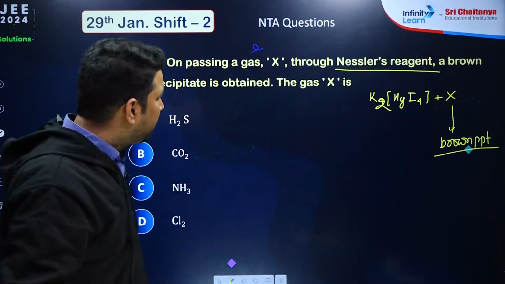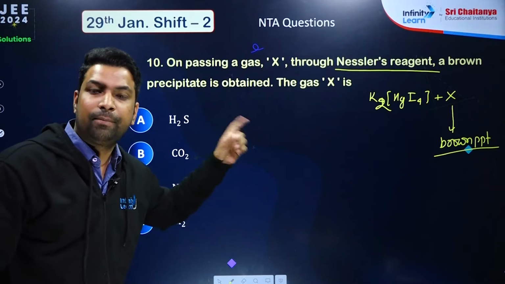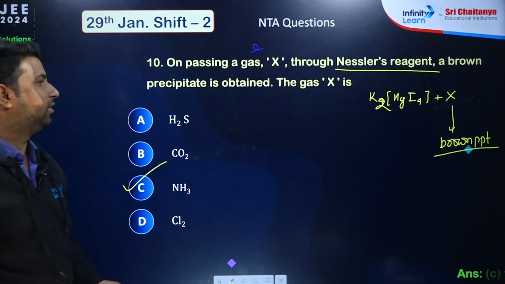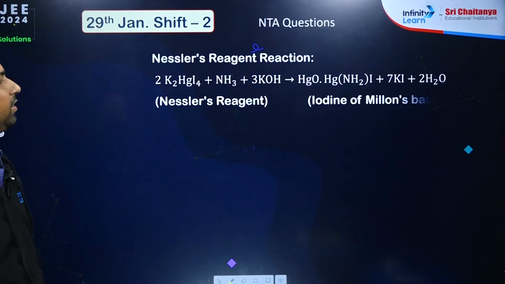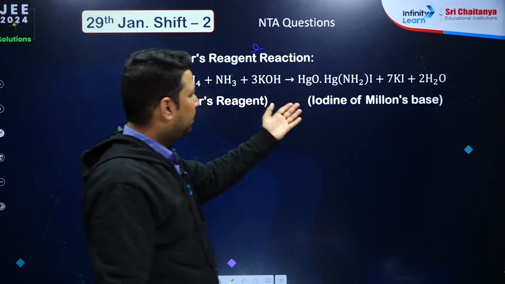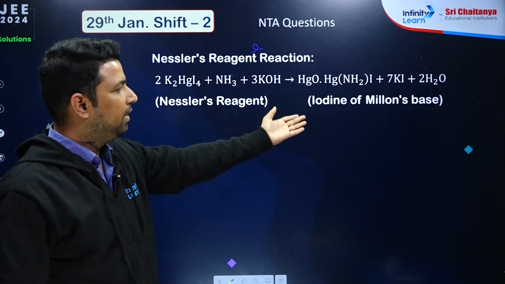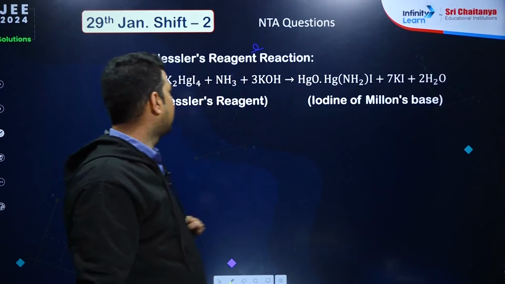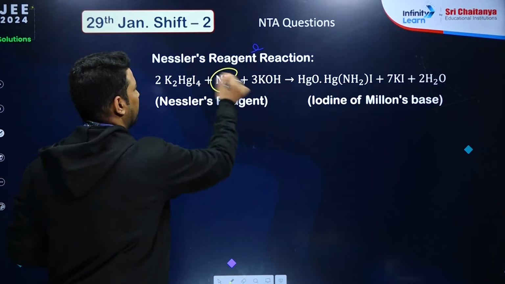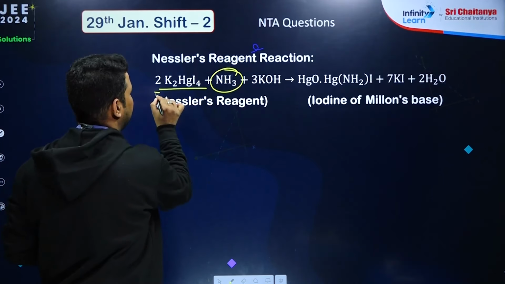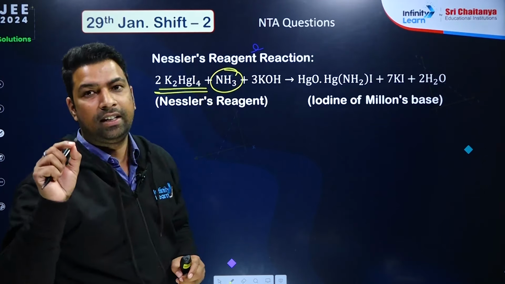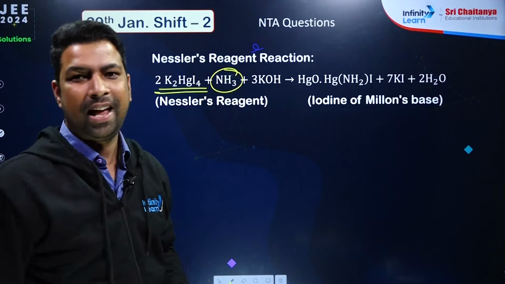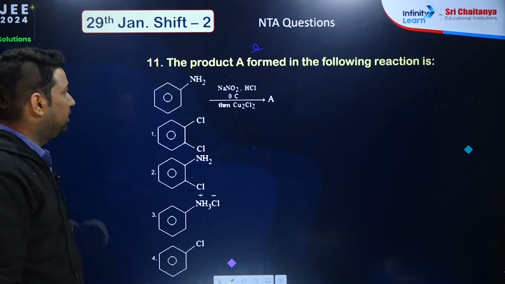It is the confirmatory test of ammonia gas, so the answer will be ammonia. It gives the iodide of Millon's base, which has brown color. The Nessler reagent is directly given in your NCERT practical book for the labs.